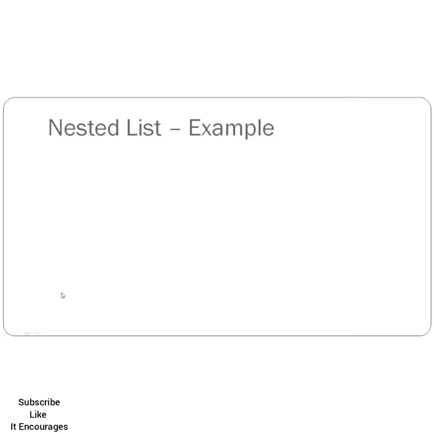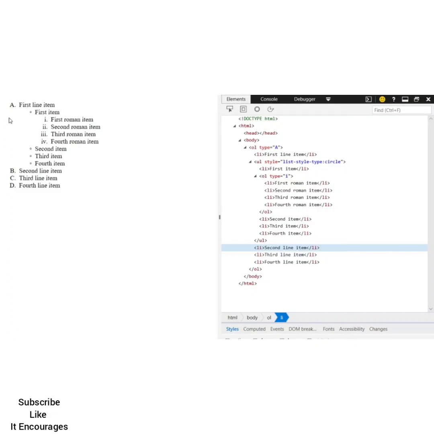Now we will see one example of a nested list. We can see that there is an ordered list and there is an unordered list which is nested within the ordered list, and again there is one ordered list which is nested within the unordered list. So we will see the code here.